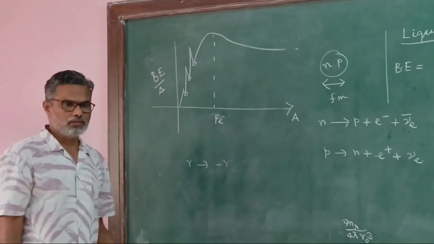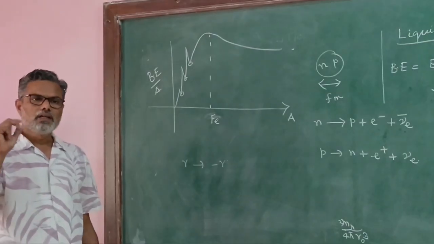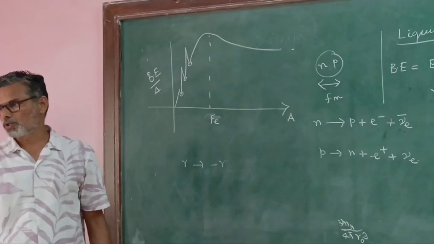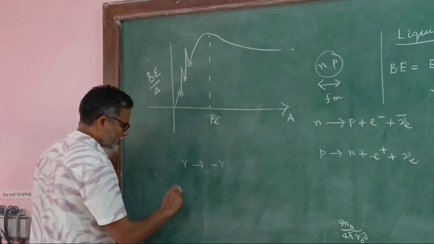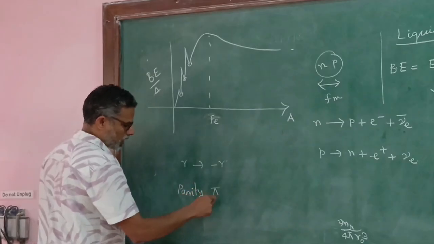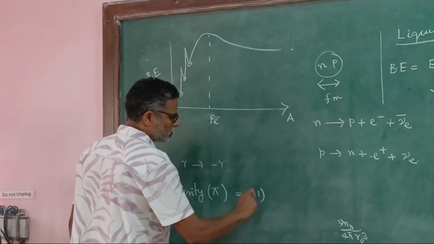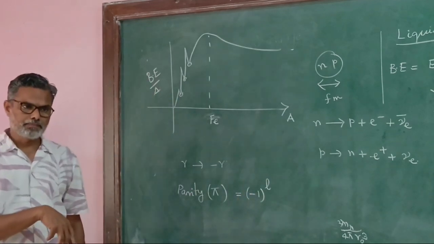How does the value change? Parity is a kind of sign, so your values are going to be positive or negative, depending on the angular momentum. Parity is defined as phi, where phi equals minus 1 to the power of L, and L is the orbital angular momentum.